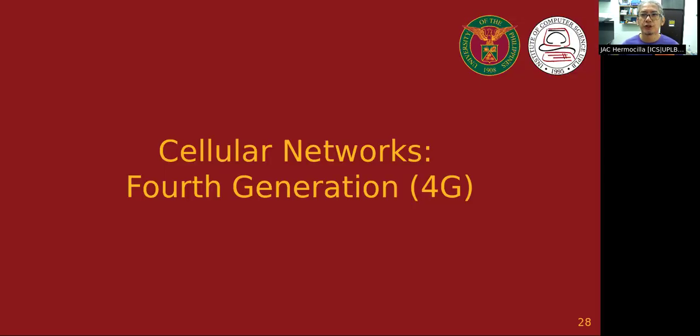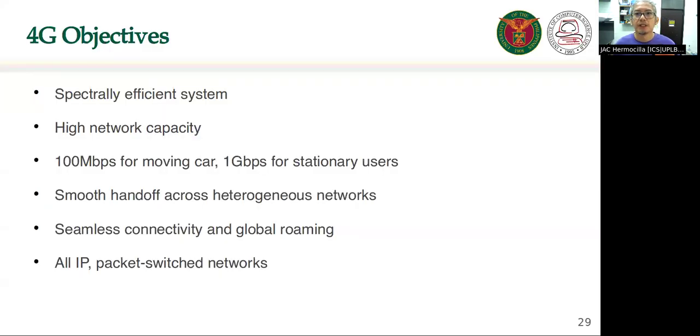Now here comes 4G. I think this is still what we have today, what you are using in your cell phone. The objectives are the following. It should be a spectrally efficient system with high network capacity. For a moving car, there should be 100 Mbps. You probably experienced this. I don't know if you really can get 100 Mbps while riding on a van and accessing some data.